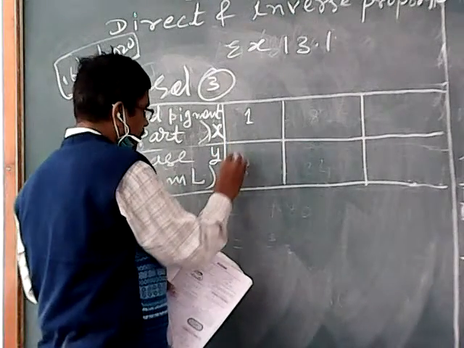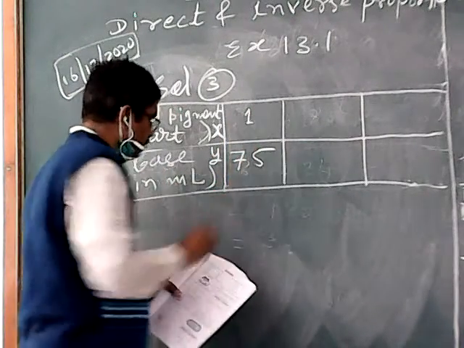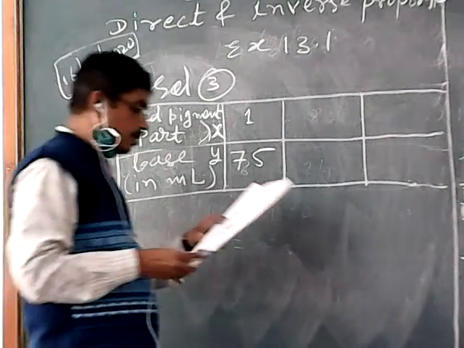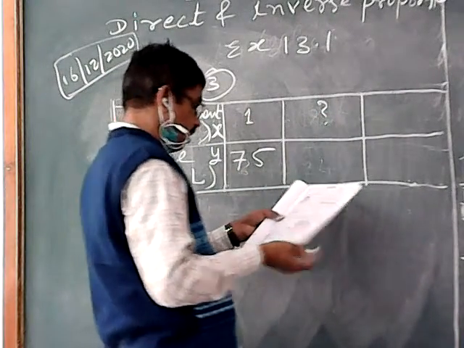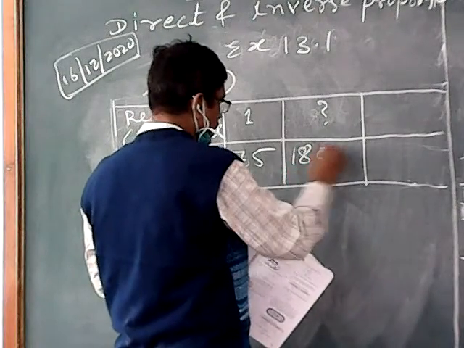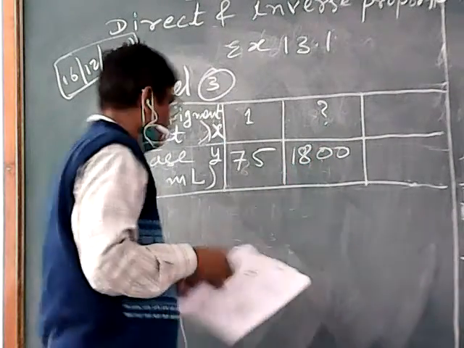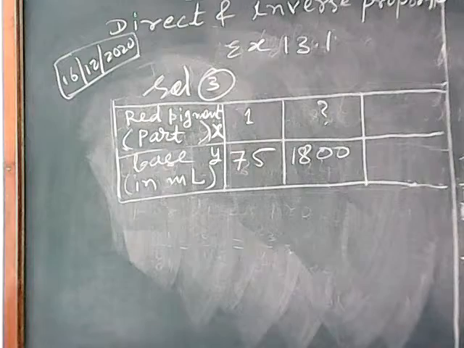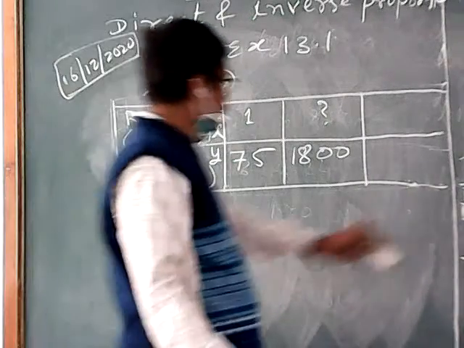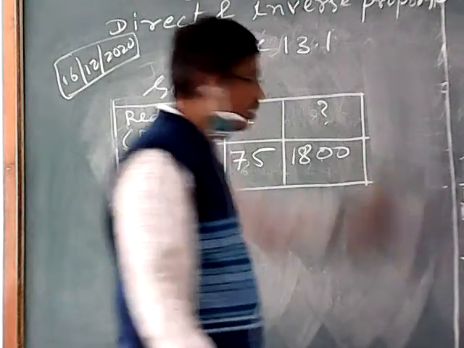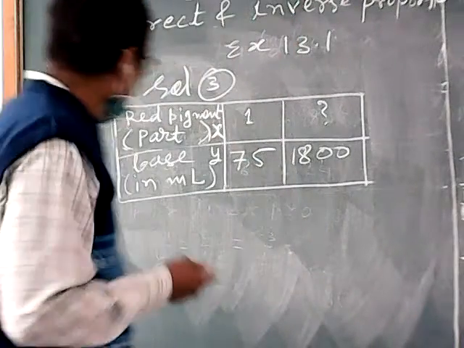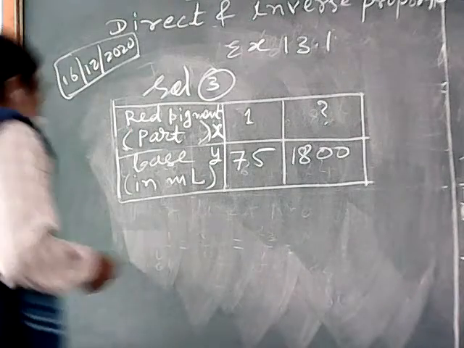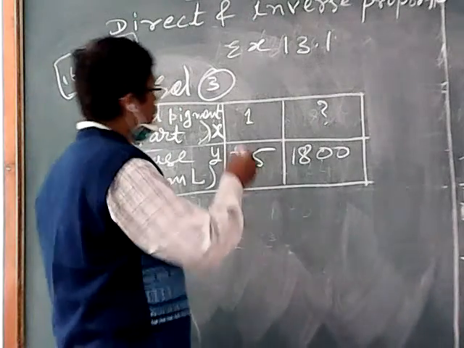One part of red pigment requires 75 milliliter of base. Then what part of red pigment requires 1800 milliliter of base? This is the difference. First of all, if more part, then more base required. If less part, less base required. That's why it is in direct proportion.